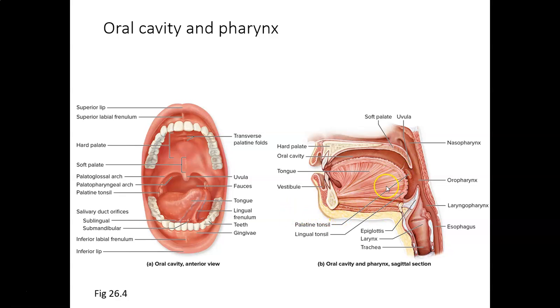You can also see the tonsils here, so be prepared to identify them on the models. Technically we're not quizzing you on the lymphatic system, but the structures are here, so we may ask you about the tonsils too.